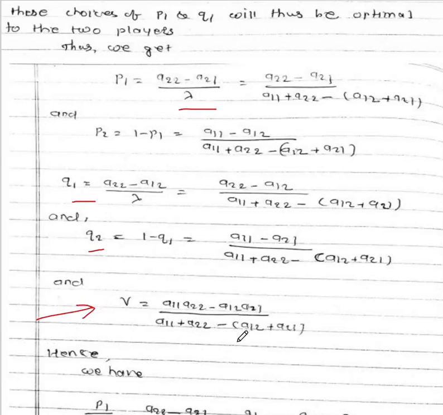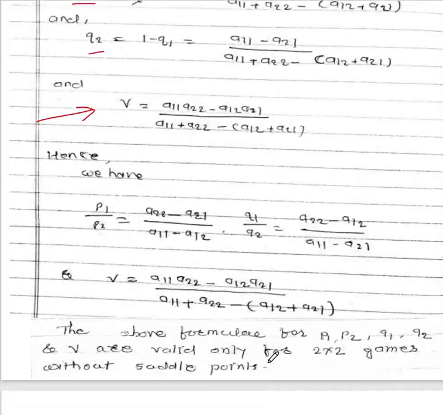Hence, P1 divided by P2 is A22 minus A21 divided by A11 minus A12, and Q1 divided by Q2 will be A22 minus A12 divided by A11 minus A21.